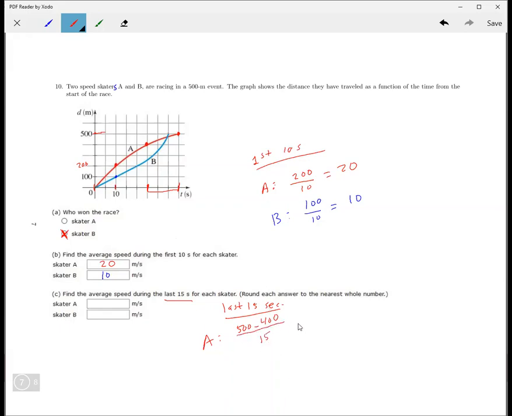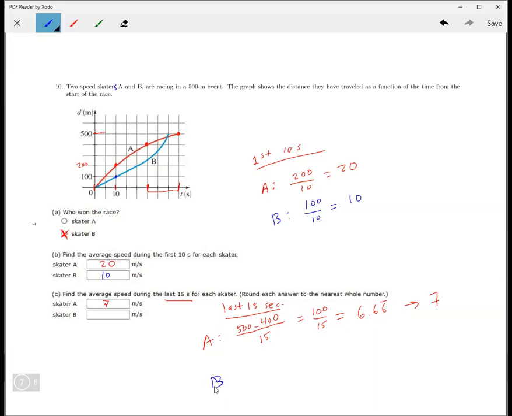That's divided by 15, of course. So you have 100 divided by 15, which is 6.66, a bunch of repeating sixes. But they're supposed to round it to the nearest whole number, so 7 meters per second for the last 15 seconds of their part of the race.